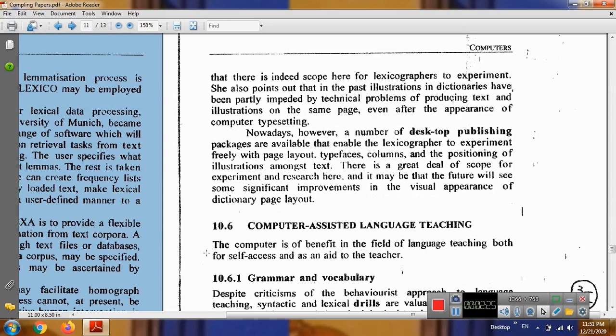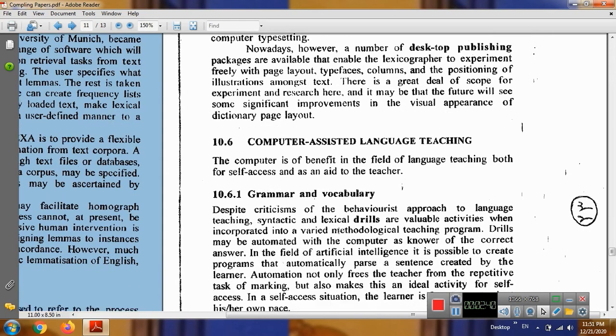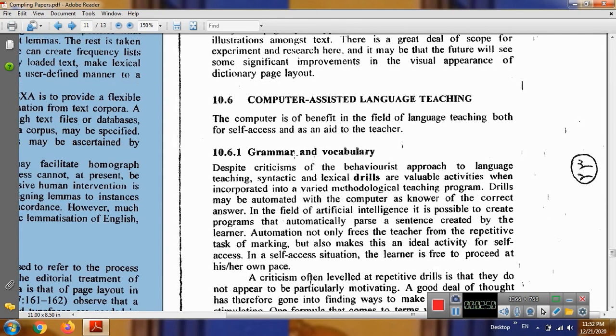Here we read something about the dictionary layout, which varies between the publishers. And about computer assisted language teaching. The computer is of benefit in the field of language teaching, both for self-access and as an aid to the teacher.